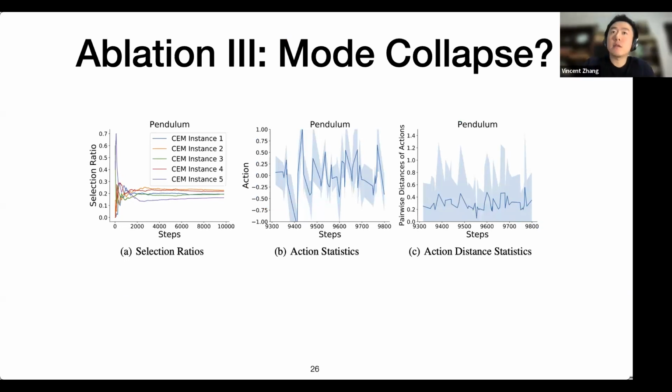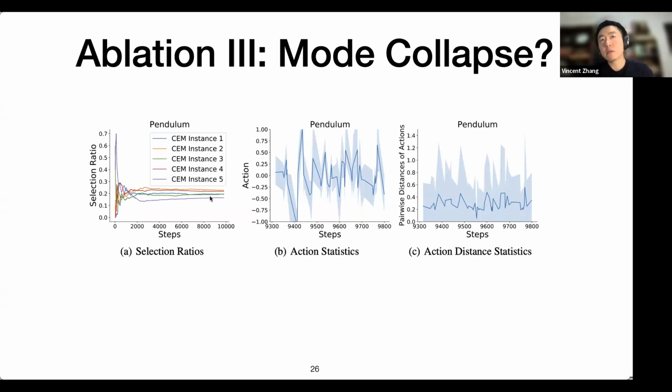In the end, we want to check, when we run multiple instances, whether they collapse. Right? So for that, I took the simplest environment, the pendulum in this benchmark. On the left, I looked at the selection ratio, which is essentially how often each instance gets used in this argmax.